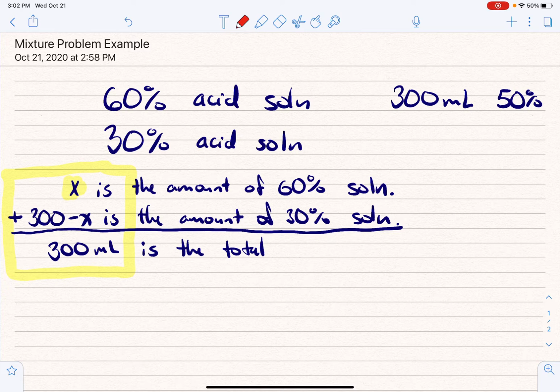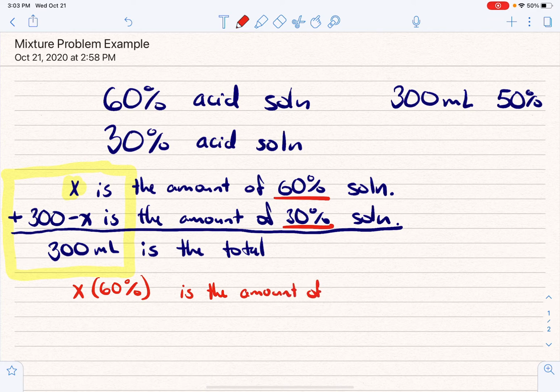Now let's think about how these numbers are involved. If x is the amount that I'm adding, now let's look at the stuff. When I say the stuff, in this case, I mean the pure acid. So I'm going to say x times 60%, because 60% of it is pure acid. X times 60% is the amount of acid in the 60% solution. What about the other one?